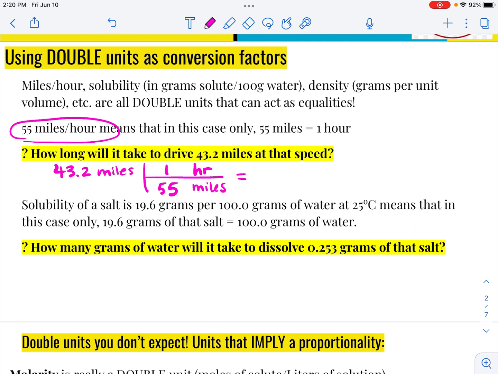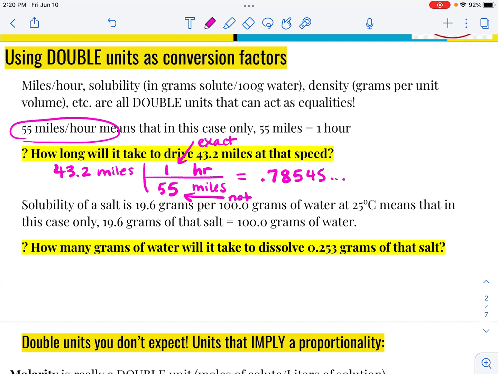One thing that we'll talk about in a minute is significant figures, but from my calculator, I get 78.545 and a bunch of numbers. We need to really, at this level, pay attention to what equalities are exact and what equalities are not exact. If I'm driving 55 miles per hour, the 1 hour is implied as exact, which means it has an unlimited number of significant figures, but the 55 miles is actually not exact.